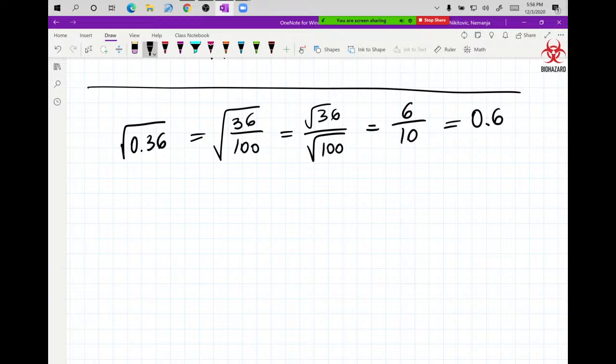Now I understand that you can get this obviously using a calculator. That's not an issue. But the thing is that you can also do it, right, by observing these square root rules.